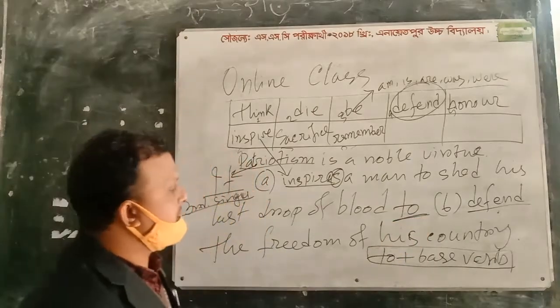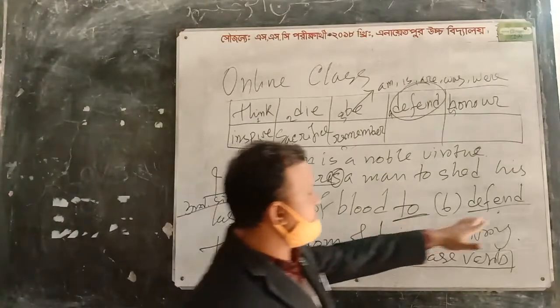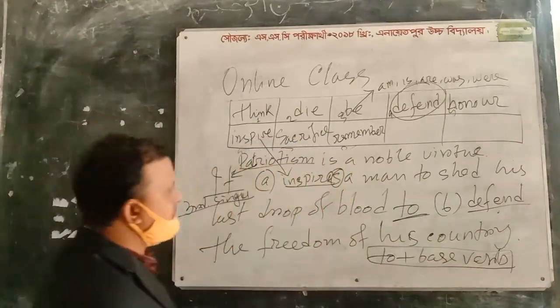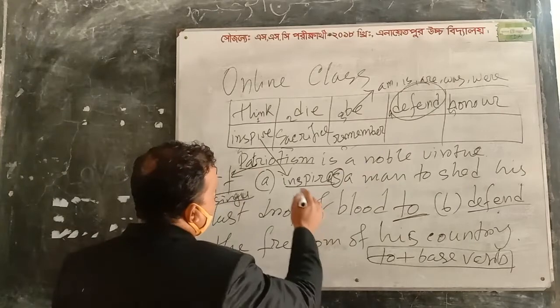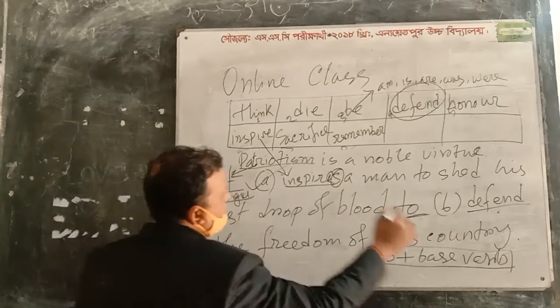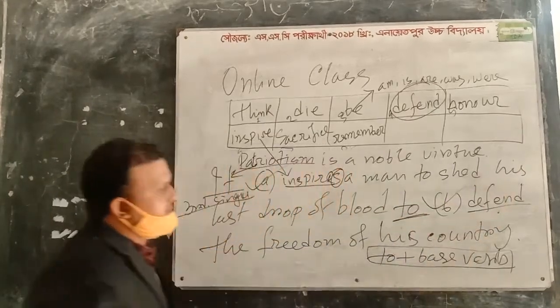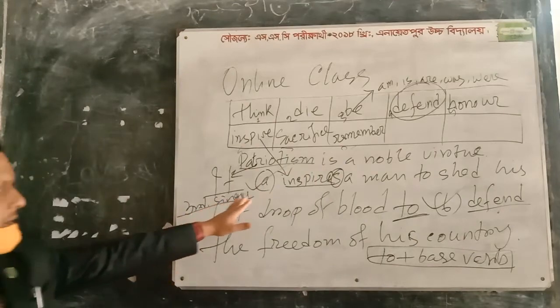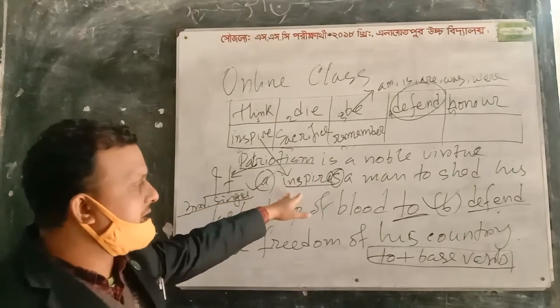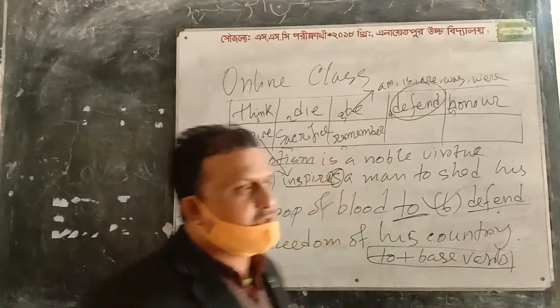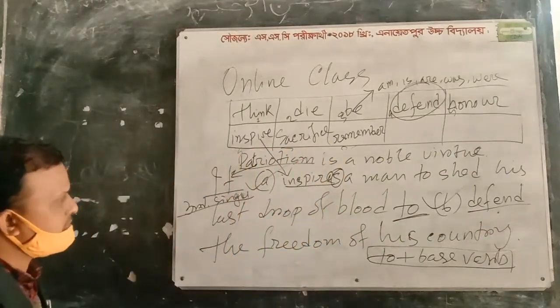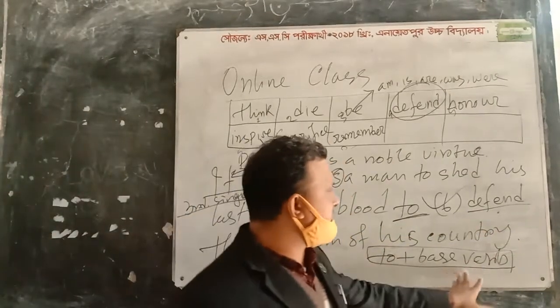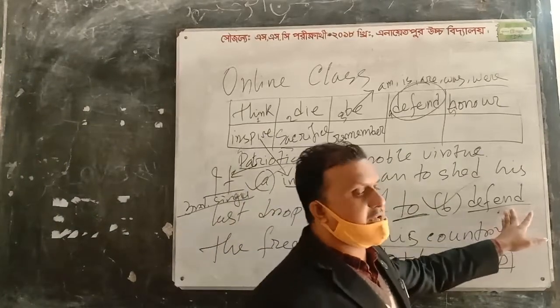So the two solutions, A and B, are complete. A answers inspires and B answers defend. This is the answer of the right form of verb here, to plus base verb.